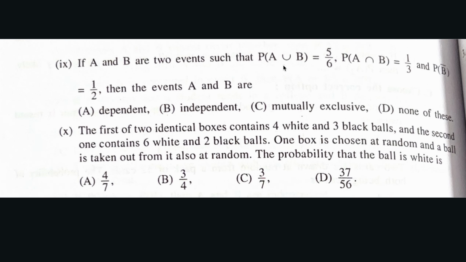Okay, if A and B are two events, probability of A union B is 5 by 6. Probability of A intersection B is 1 by 3. Probability of B complement is 0.5. That means probability of B is 0.5.